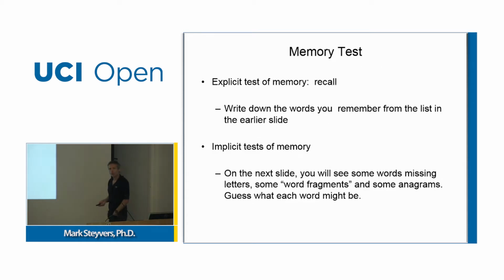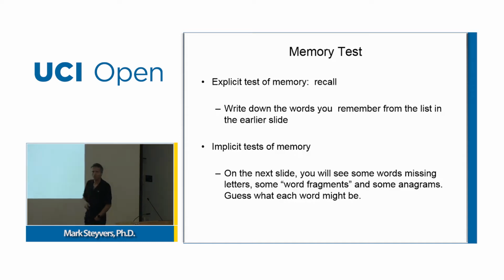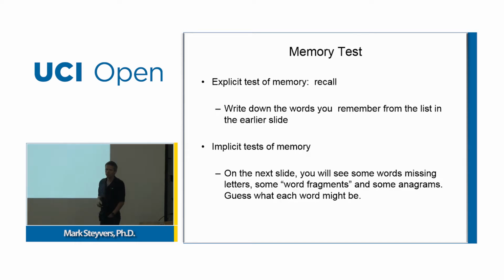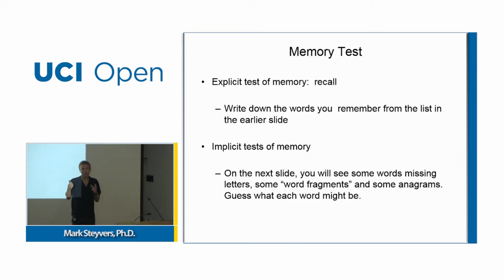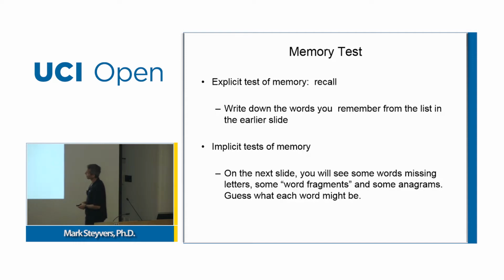Okay, so now there are two ways to test you. One is with an explicit memory test, and we won't do this here in this class, but you can imagine that you have to write down as many words as you can remember from that specific list. On the other hand, we can do an implicit memory test where we test your performance in a way that seems unrelated to the original study list, but we can indirectly measure your memory for these words.